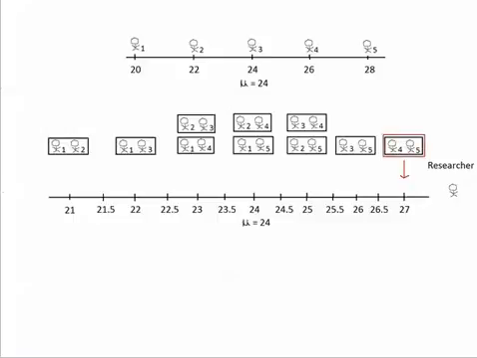So maybe I end up selecting person 4 and person 5 as my sample. If I end up selecting these 2 people as my sample, then my sample mean will end up being 27, because the ages of person 4 and person 5 are 26 and 28. If you add those 2 ages and divide the total by 2, the mean comes out to 27.